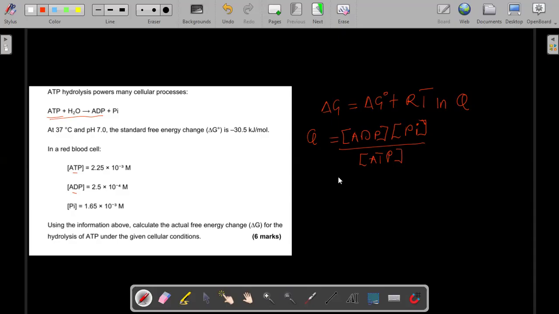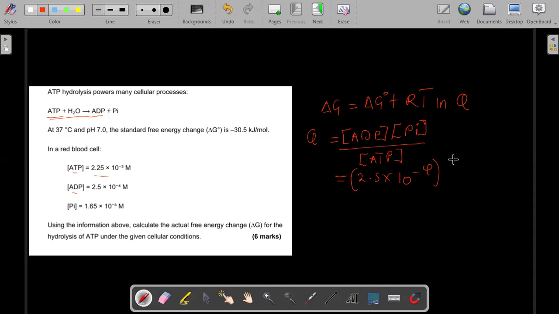So we can add the values that we've been given. We get the concentration of ADP, and let me just write the concentration of ATP, which is 2.5 times 10 to the power -4. Remember, we have coefficients of 1, so we are not going to put anything there.